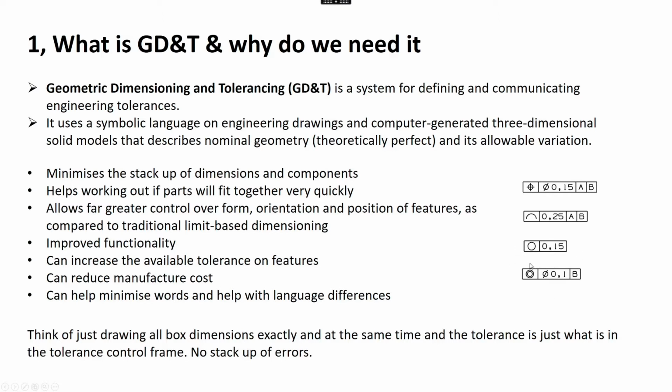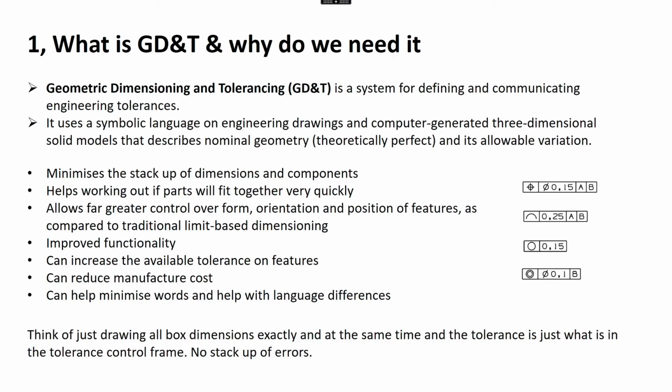We're going to go through how we define the symbols in the drawings, where they need to go, the application of the symbols, and in some of the later videos I'm going to put lots of examples of how to use these symbols properly.